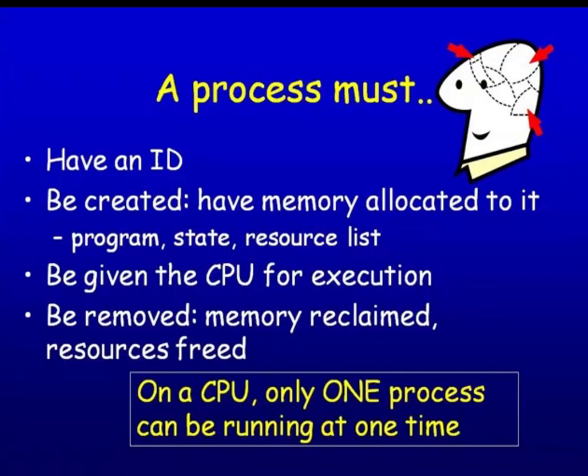During the execution of multiple processes, the CPU is assigned to one of those processes that actually gets the CPU. So in a way, it supports contention of the processes for the CPU. And again, it also needs to be removed, reclaimed, resources freed by the operating system. So on a single CPU system, remember, only one process can be running at a time.